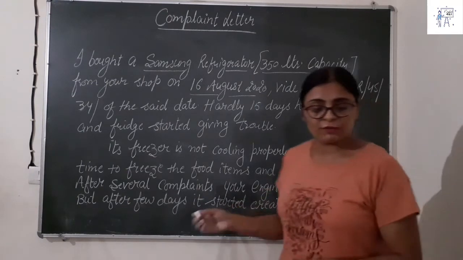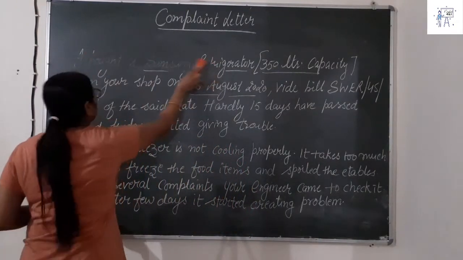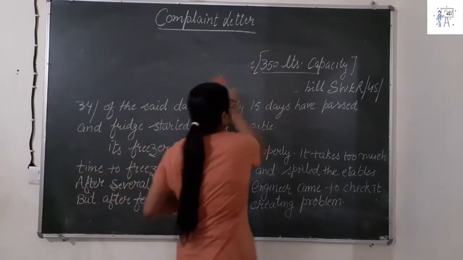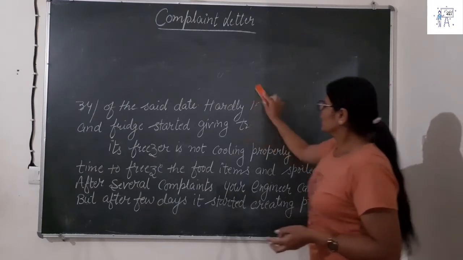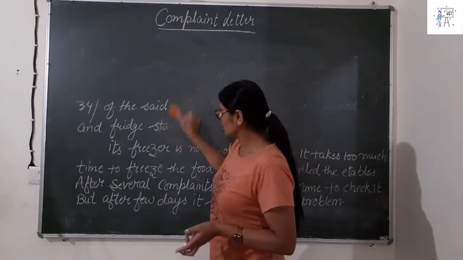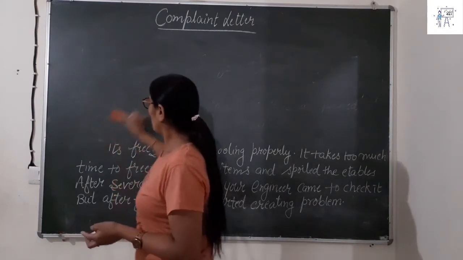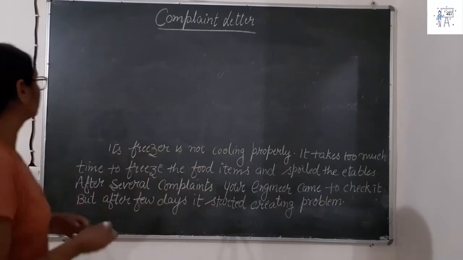Right? So after this, what will we write? Because the product is new and it is creating the problem, the consumer wants to replace the product. So how will we write?